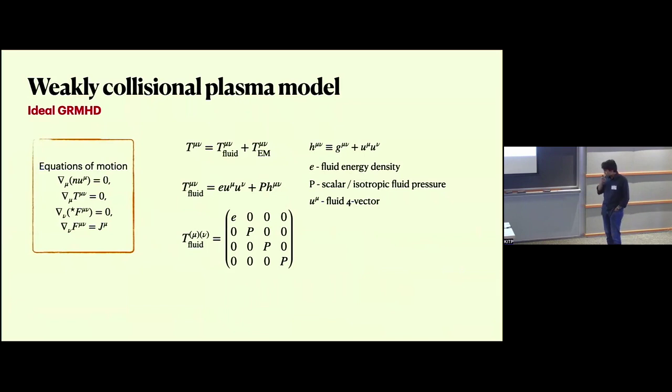For ideal GRMHD, the stress energy tensor consists of a fluid part, of a hot fluid, and of an electromagnetic term. In particular, the fluid sector for ideal GRMHD, when expressed in the local frame of the fluid, can be written like this. So you have an energy density E, and you have an isotropic or scalar pressure.